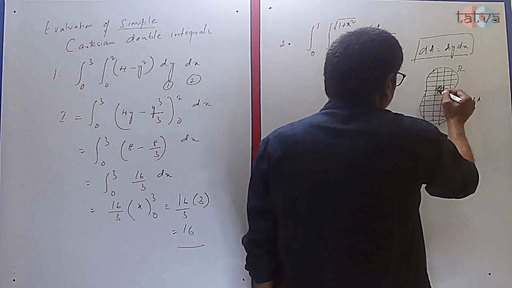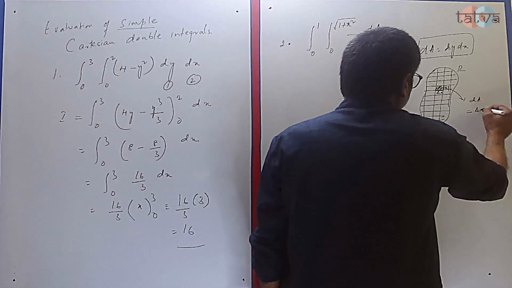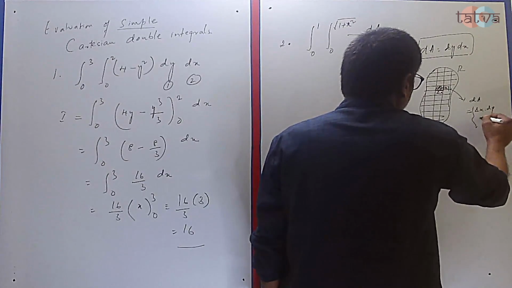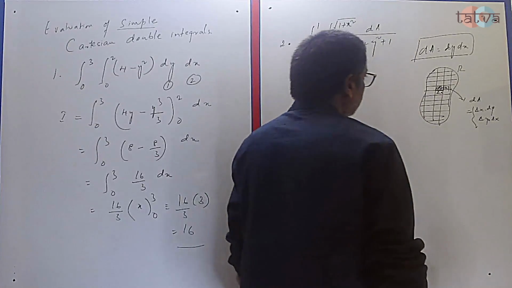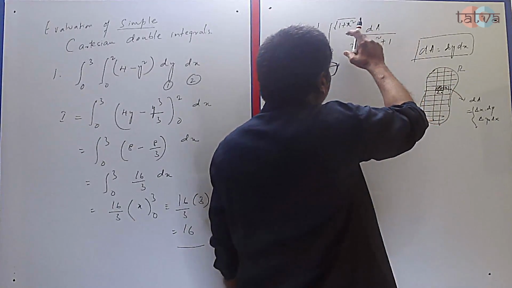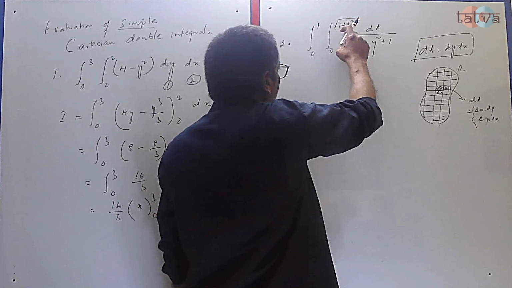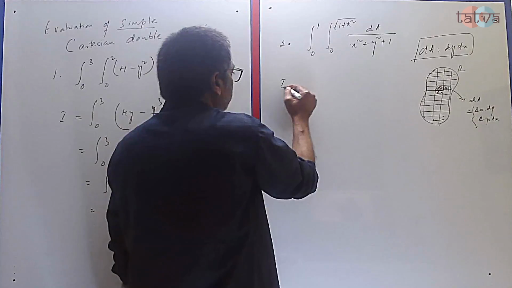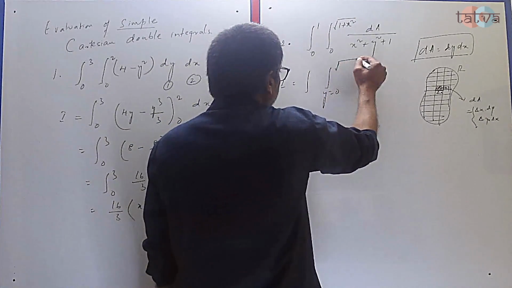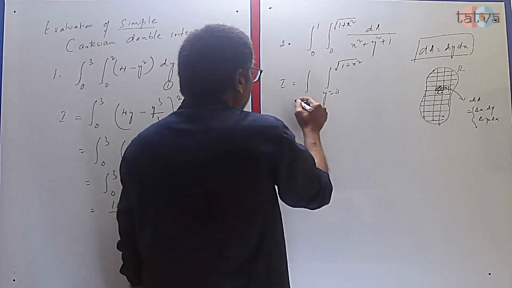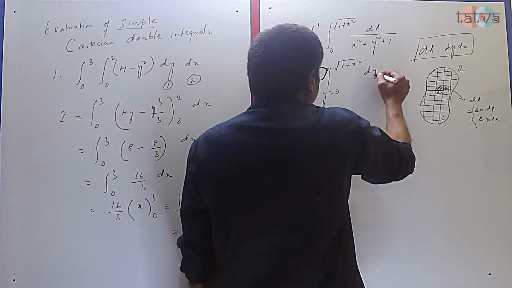So if this is delta x and that is delta y, dA would be delta x into delta y or delta y into delta x. One can choose any of these two, but in this specific case, when you have inner limits as functions of x, they correspond to the limits for y. So let me make it more clear. Y limits are 0 to square root of 1 plus x squared. Then x limit will be 0 to 1. Write dA as dy dx.